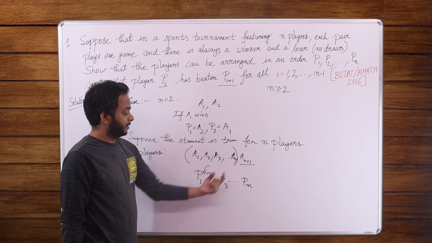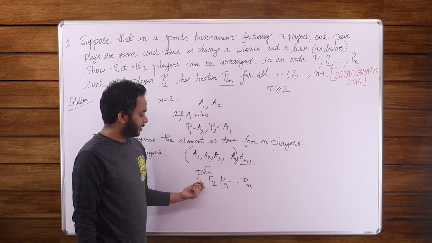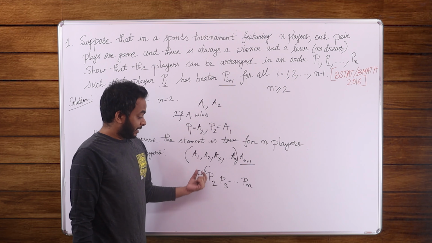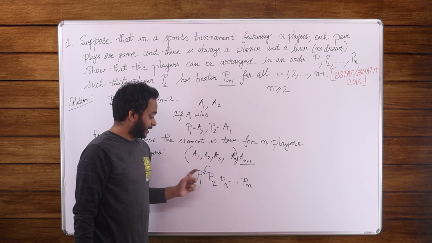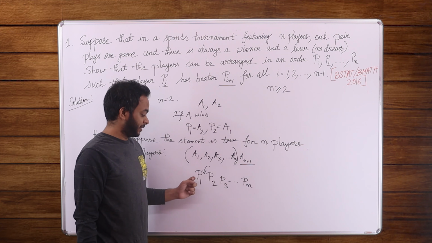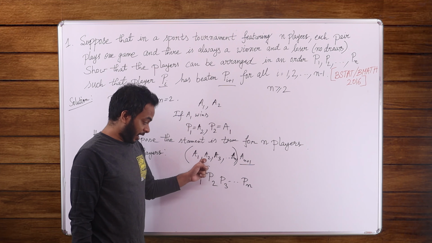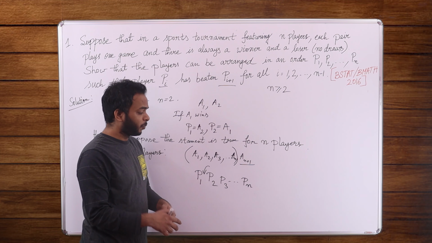p1 has defeated me, then what I'll do is, okay, it doesn't mean that if p1 has defeated n plus 1, I can put n plus 1 after p1. Why?